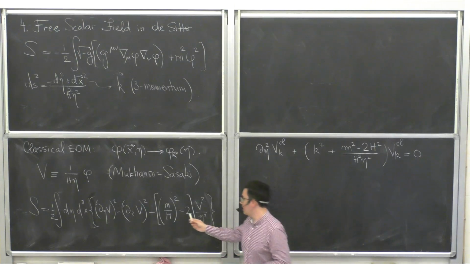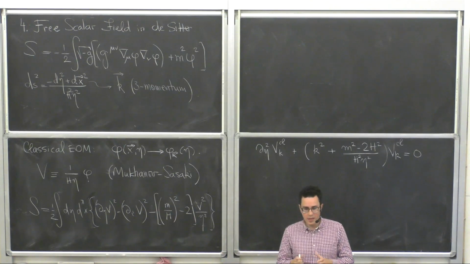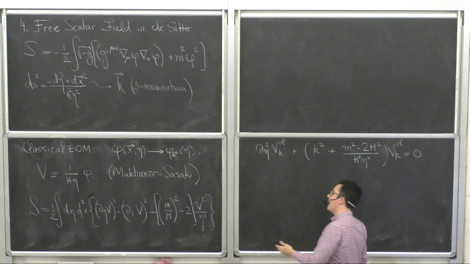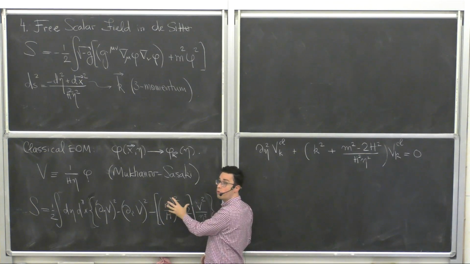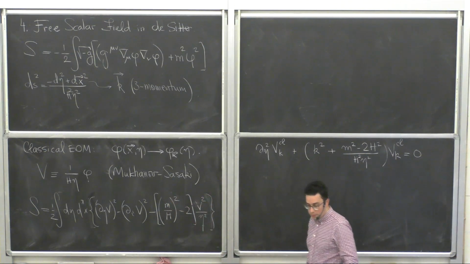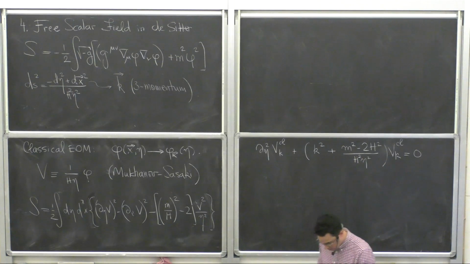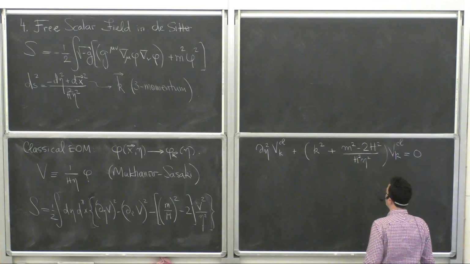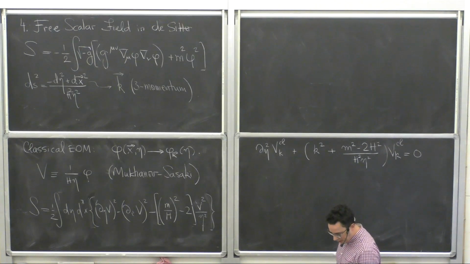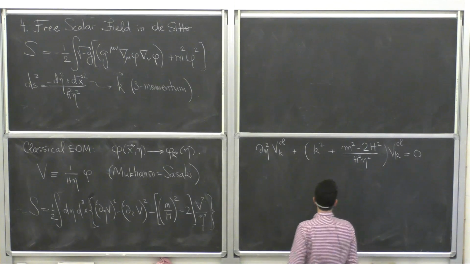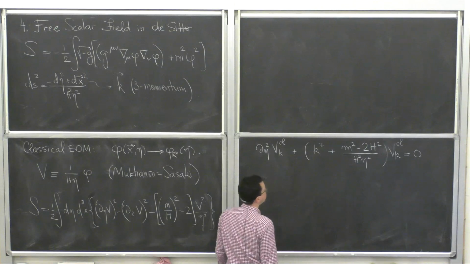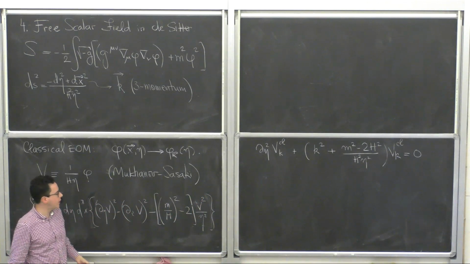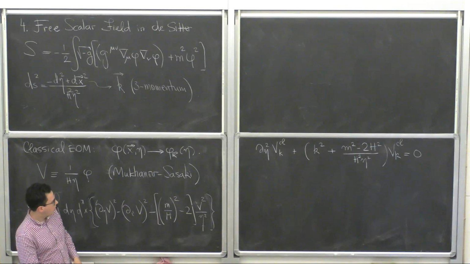So for masses that are small enough in Hubble units, inside each box you have a bunch of quanta. While for heavy masses, you're going to have just a handful of quanta per Hubble-sized box. Now if you stare at this equation, you will see the other reason why you get just a handful of quanta per Hubble box.